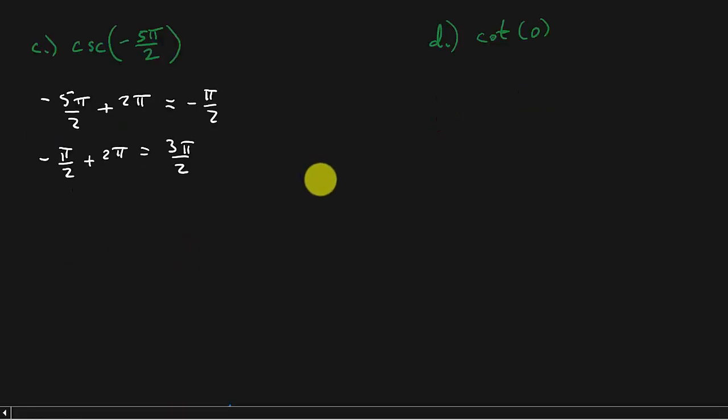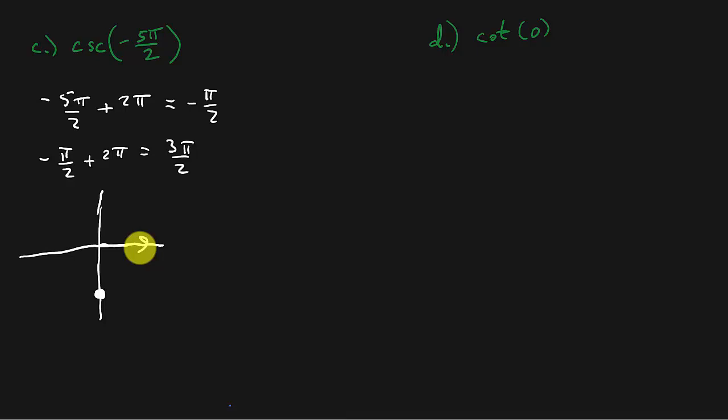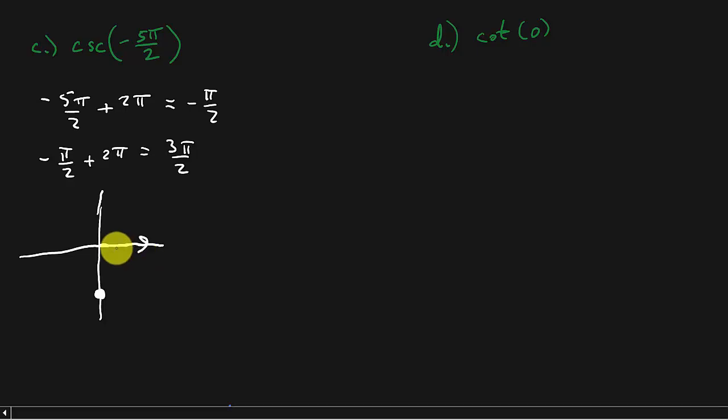So here, do we know 3 pi over 2? Yeah, 3 pi over 2, that's 270 degrees. That would be right here, all right? If we have our angle in standard position, okay? Now, 5 pi over 2 would rotate differently, right? It would rotate back, like this, okay?